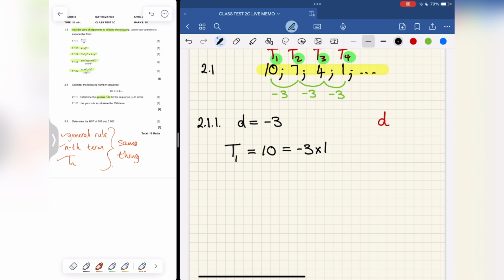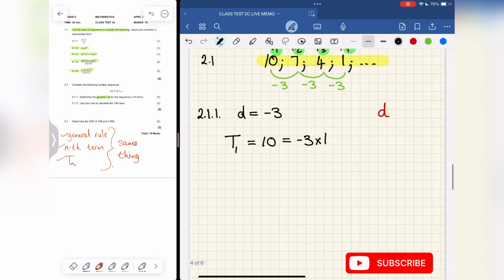Now, remember we have equal signs happening here. Negative 3 times 1 is negative 3, so this would say that term 1, which is 10, is equal to negative 3. At the moment, this is not true, because negative 3 is not equal to 10.